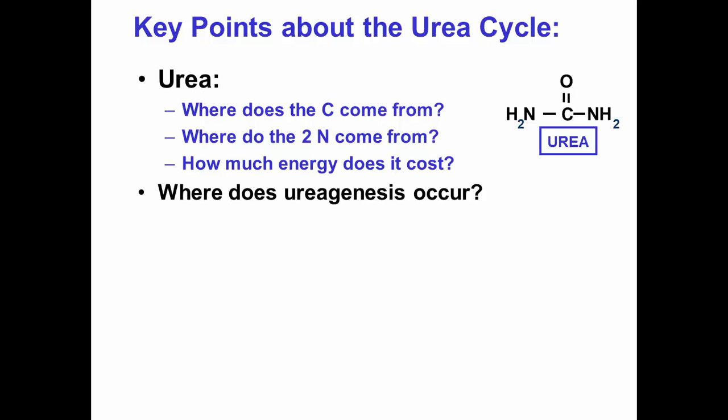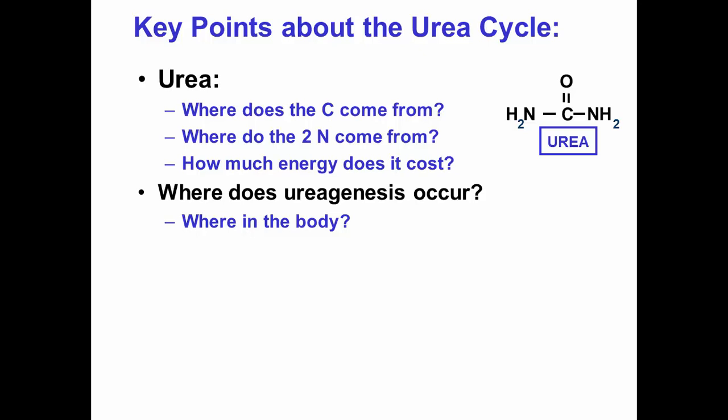Where does ureagenesis occur? So first of all, where in the body? We got lost in the weeds, didn't we? Back to where are we? What tissue are we in? We're in the liver. What specific cells are we in? The periportal hepatocytes. Great.